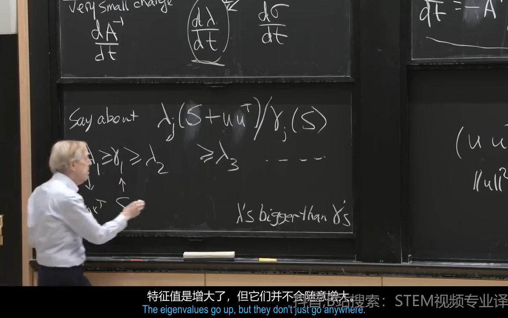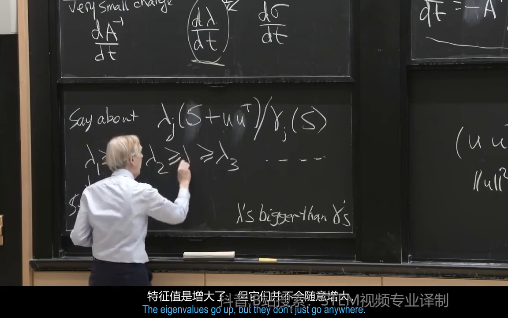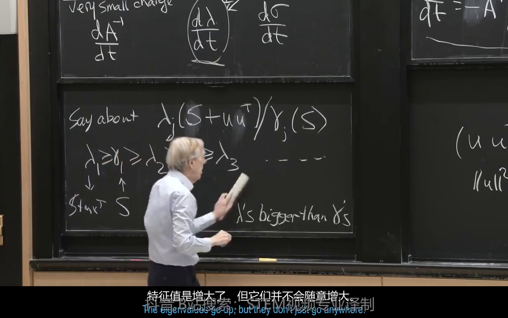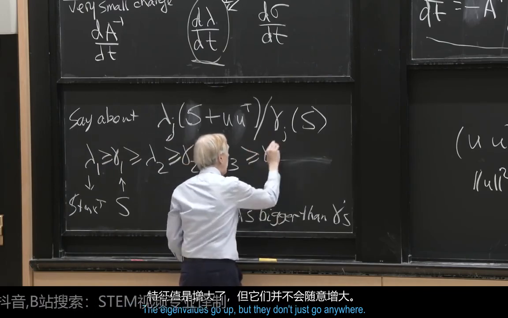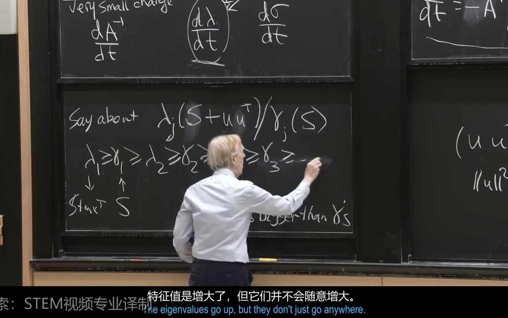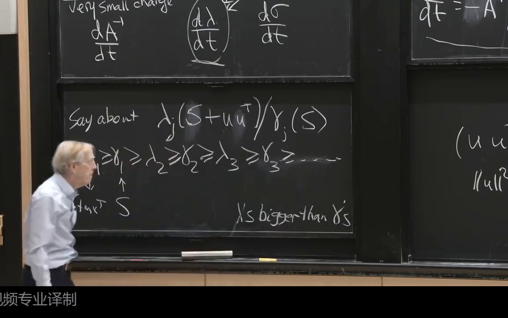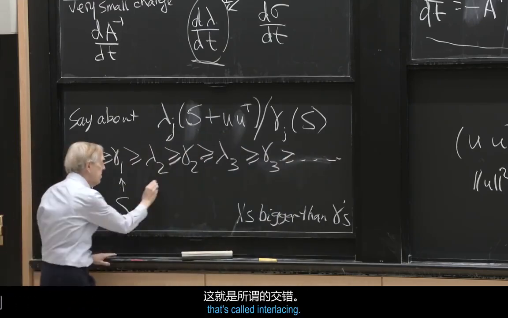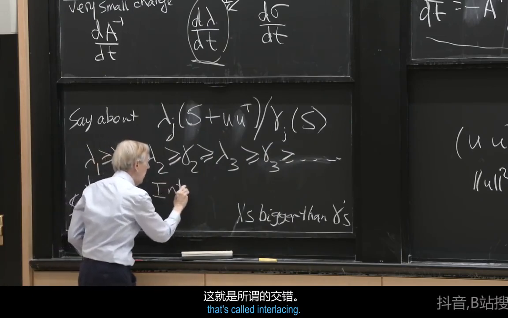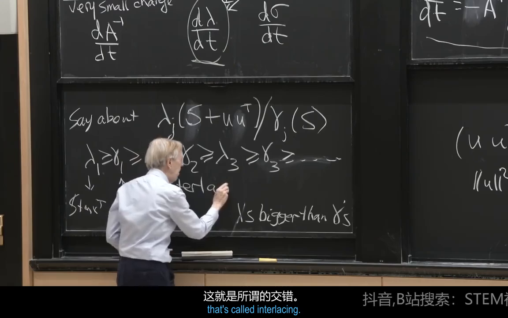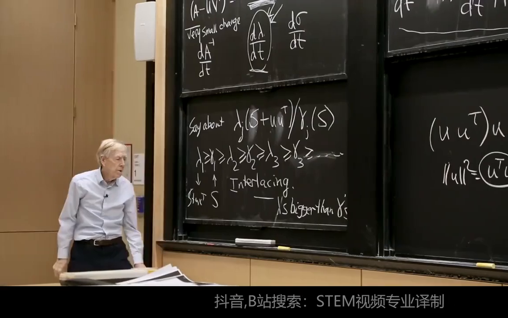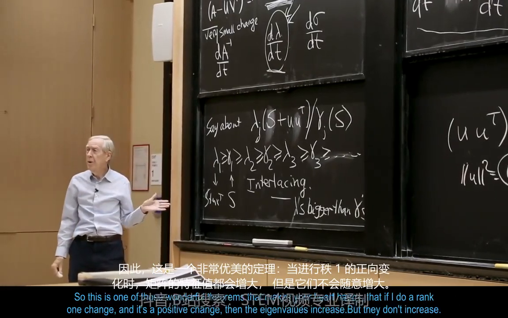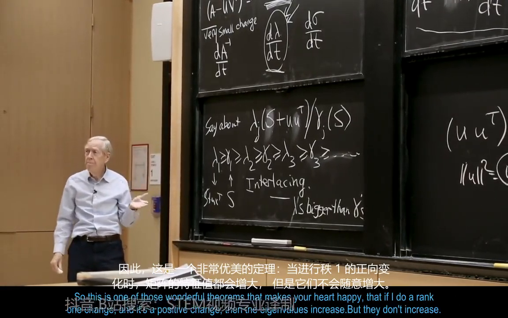The eigenvalues go up, but they don't just go anywhere. And that's called interlacing.